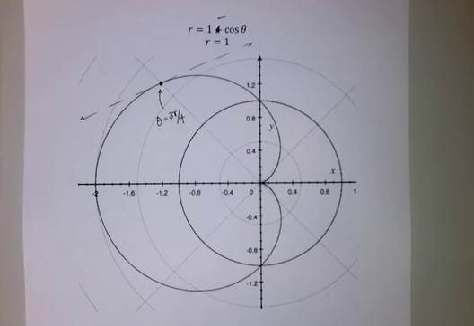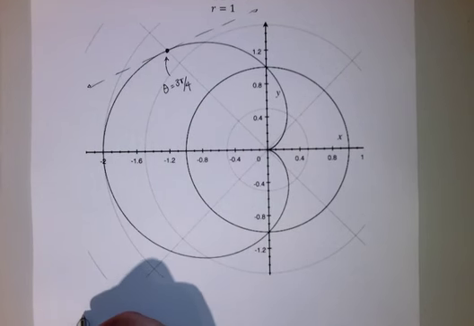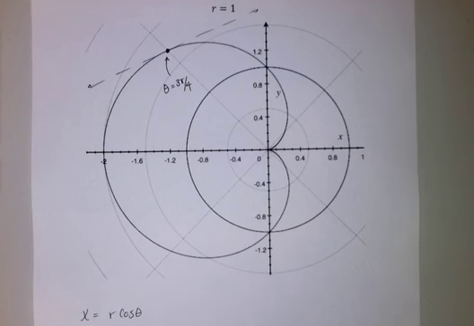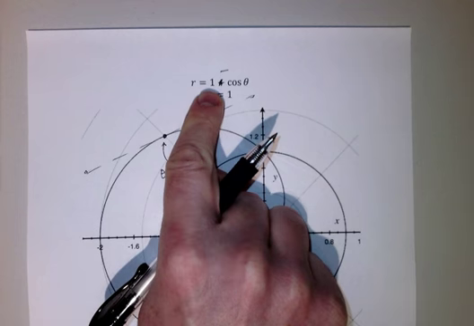If you remember those conversion formulas we used when we were first introduced to polar, x is equal to r cosine theta, and y is equal to r sine theta. When I say r, I mean this r.